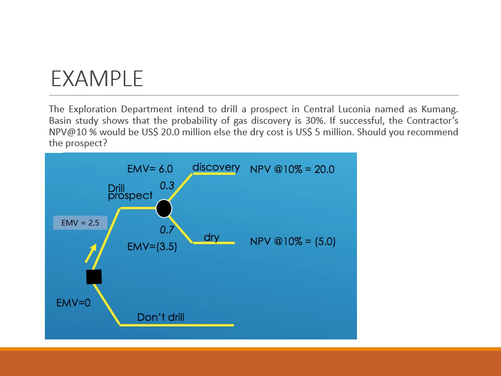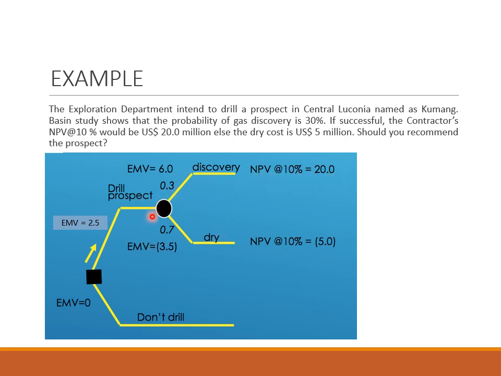So again, we draw the decision tree diagram. You start with the decision square node. So you have to decide whether you drill or not to drill. If you drill, you have a 30% chance of discovery and your NPV will be 20 million.